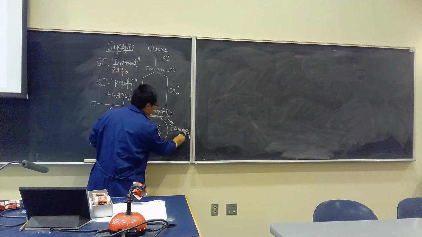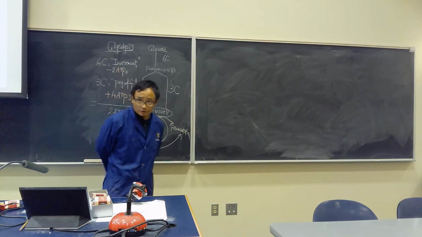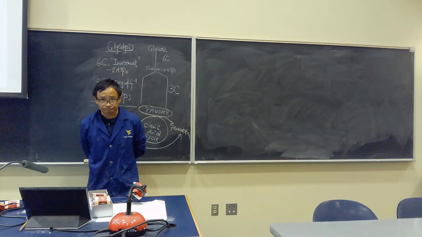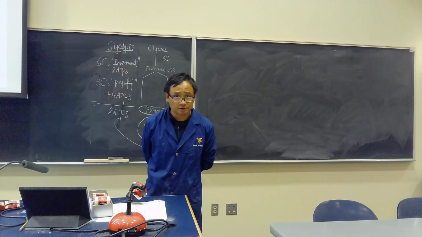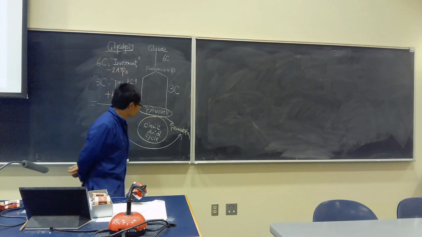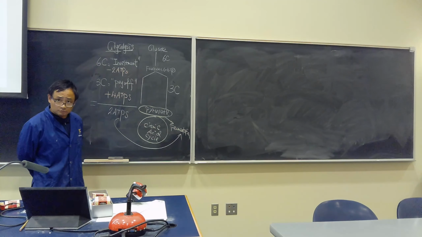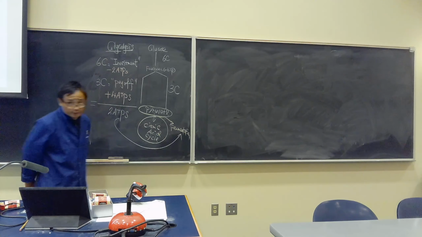That's what I'm trying to say, coupled with fermentation. So here is something I want to mention. The glycolysis process generating 2 ATPs is coupled with fermentation. If glycolysis does not go to fermentation, they go to citric acid, then more ATP will be generated.